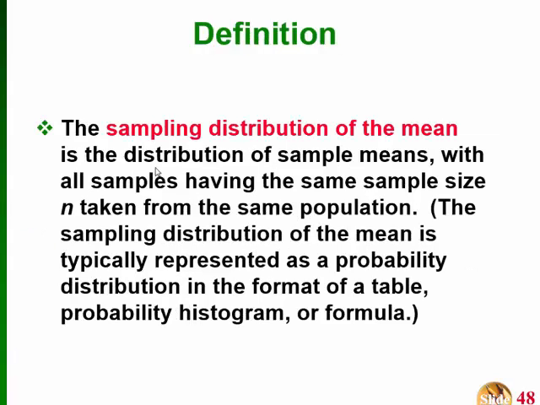Another statistic that we can use for sampling distributions is the mean. With all the same sample sizes taken from the same population, the sampling distribution of the mean is typically represented as a probability distribution in the format of a table, a histogram, or a formula.